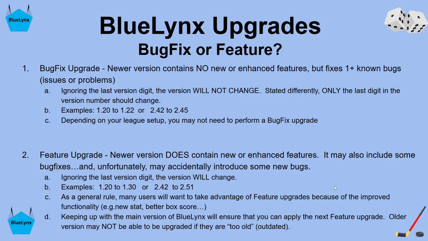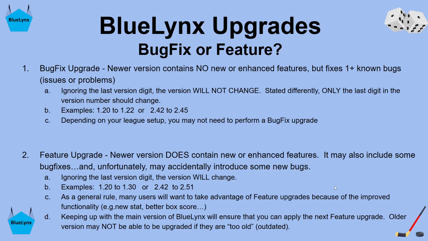But it's good to not be too many releases or feature upgrades behind, because each upgrade only looks back a certain number of versions that are able to be upgraded. So, as an example, maybe in the future you can't upgrade version 1.1 to 4.5.